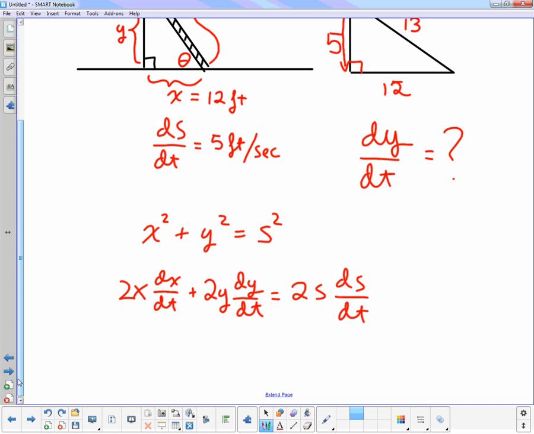What is s? S is a constant. The length of the ladder doesn't change. So ds/dt is 0. S squared is a constant. Then why do you have at the top ds plus 5t? I should say dx/dt. So this is 0.